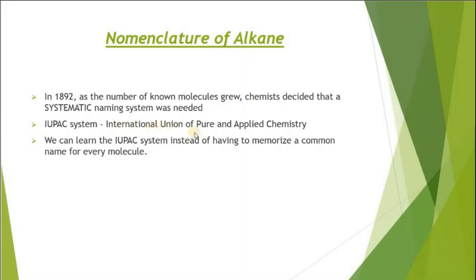IUPAC is the International Union of Pure and Applied Chemistry. They have invented a system of naming various organic compounds, and instead of learning common names for every molecule, we should learn the IUPAC system so that we can name various compounds.